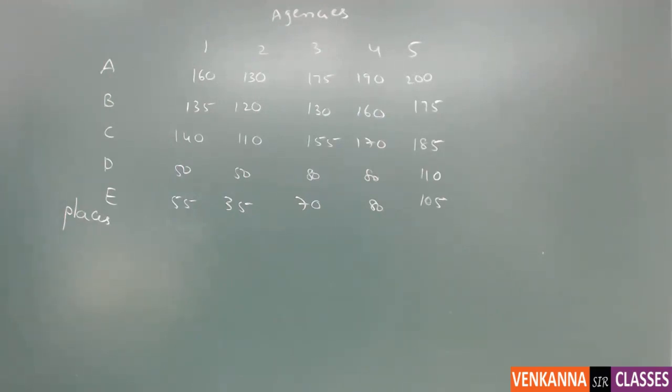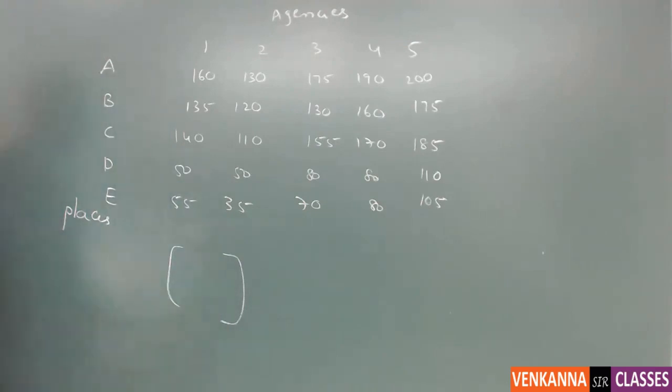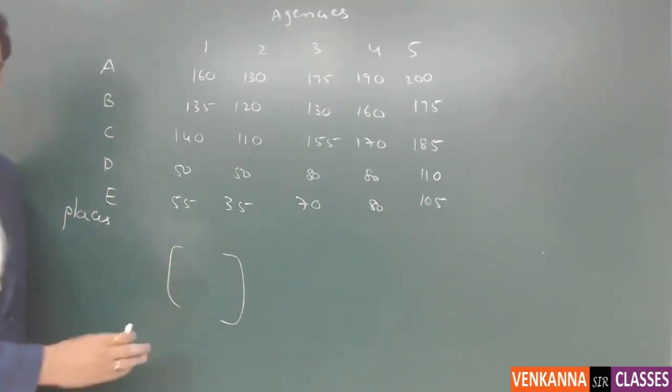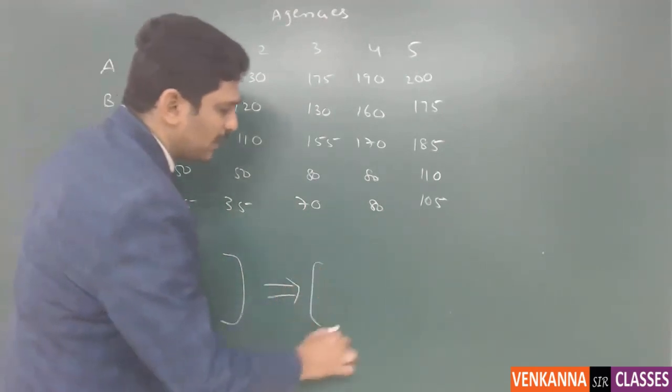Actually, the concept behind the Hungarian method is, suppose you have a matrix; since you know the row operations as well as column operations, you will obtain a new matrix.